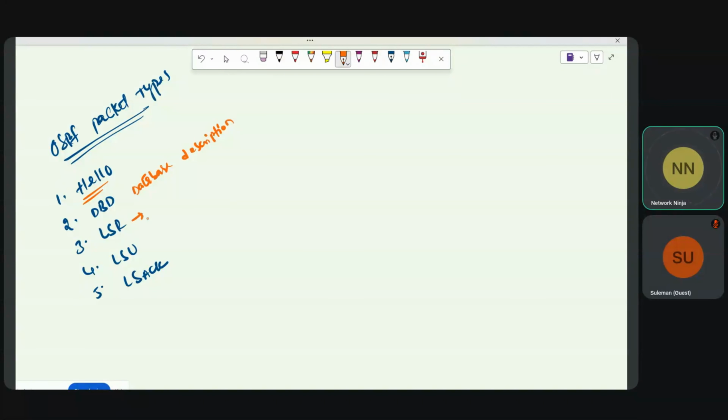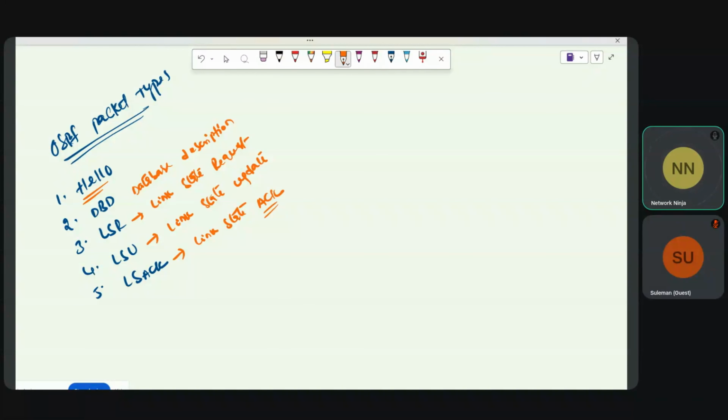LSR stands for link state request. LSU stands for link state update. LSAck stands for link state acknowledgement.